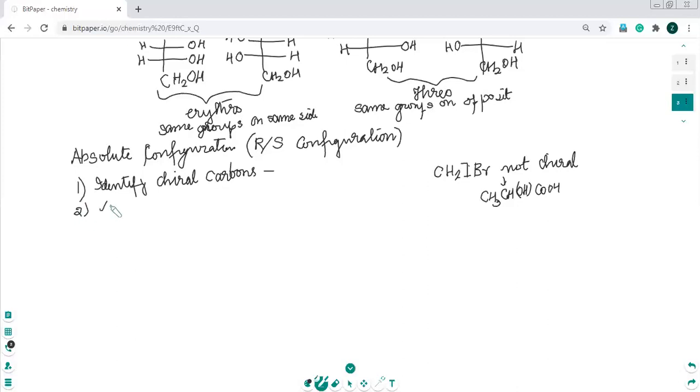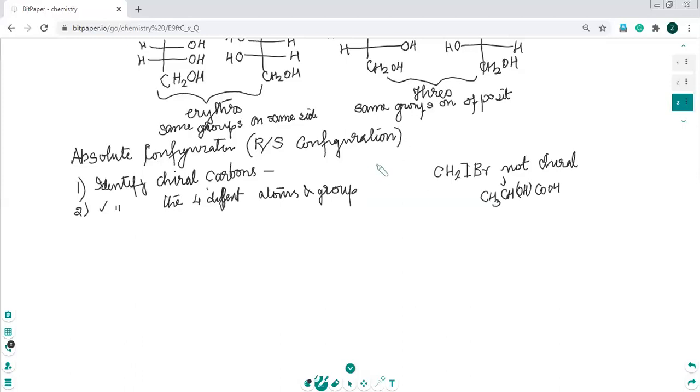Step number 2. Identify the 4 different atoms and groups on the chiral carbon. This is the second step. So you can give them as 1, 2, 3, 4.